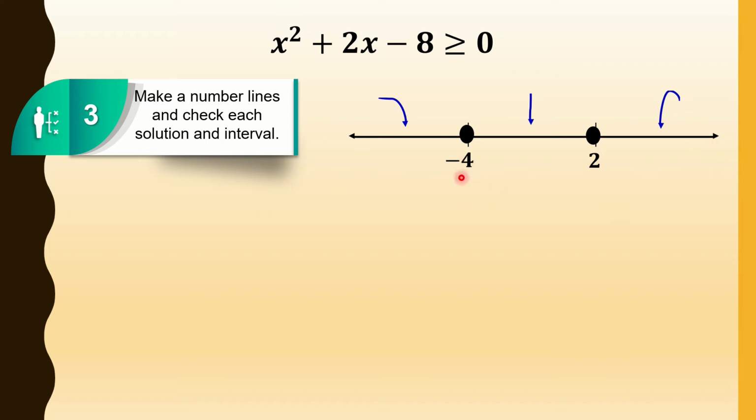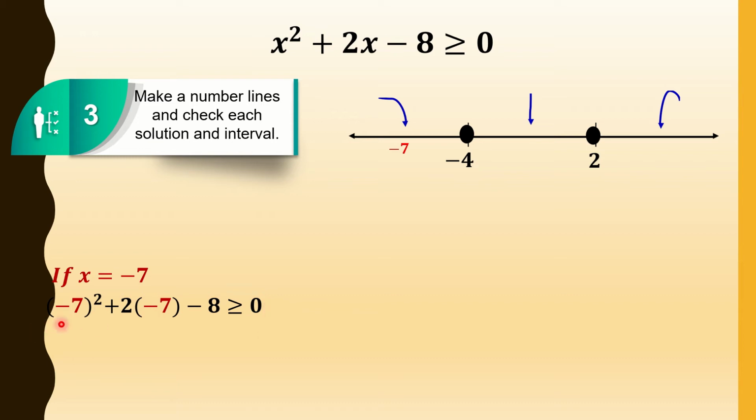But for now, for negative 4 up to negative infinity, I'll be choosing negative 7. So if I use negative 7, I need to substitute that into our quadratic inequality. So we have negative 7 squared plus 2 times negative 7 minus 8 is greater than or equal to 0. Again, I use the same quadratic inequality.